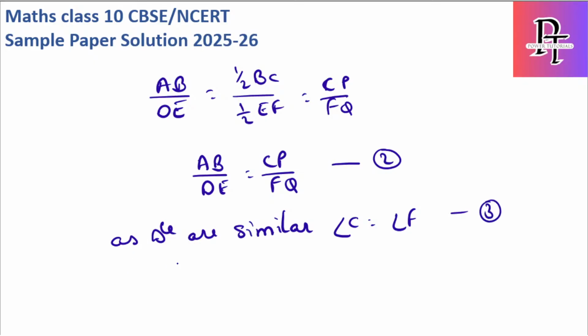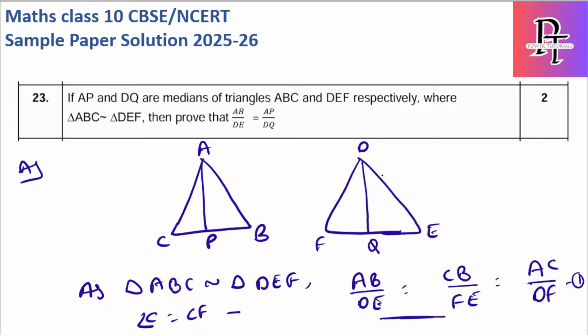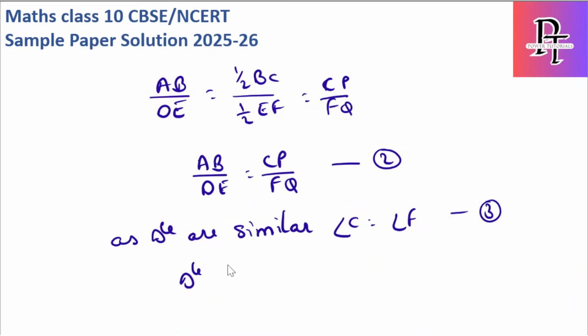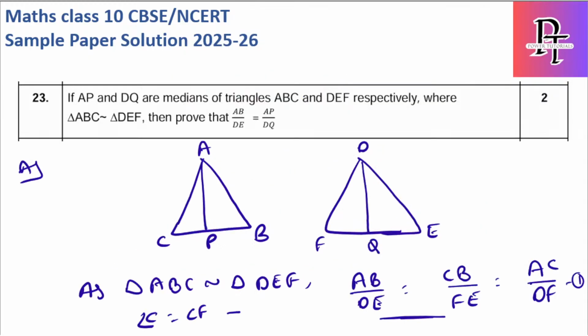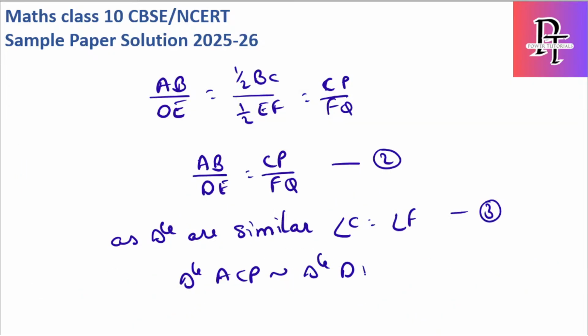So from 2 and 3 I can say small triangles ACP and DFQ are similar, triangle ACP is similar to triangle DFQ, using SAS criterion, that is sides are proportional and the corresponding angles are equal.